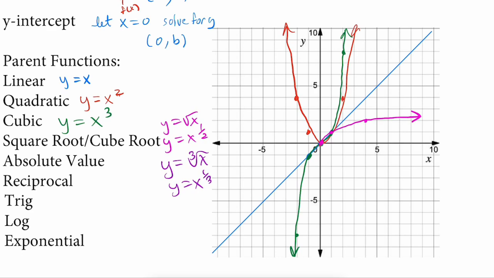It not only has the swoop to the right, (0, 0), (1, 1), (8, 2). So it's steeper like the cubic function, but it has a piece over here. So it has a piece on both sides.